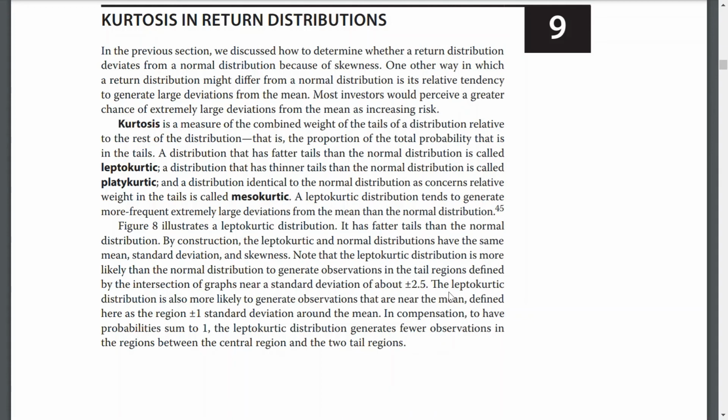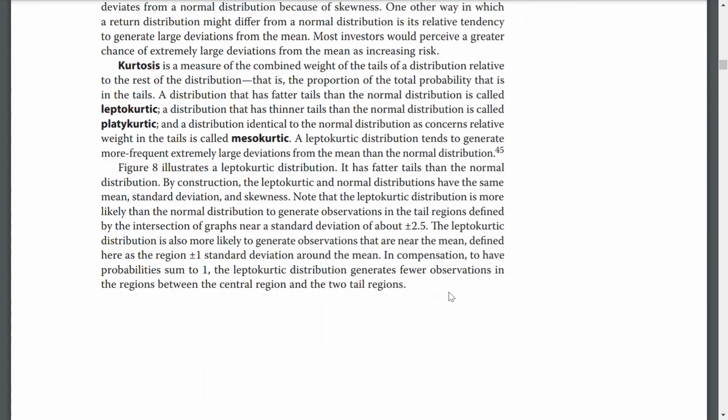The leptokurtic distribution is also more likely to generate observations that are near the mean, defined here as the region plus or minus 1 standard deviation around the mean. This is compensated by the need to have probabilities sum to 1. The leptokurtic distribution generates fewer observations in the region between the central region and the two tail regions.